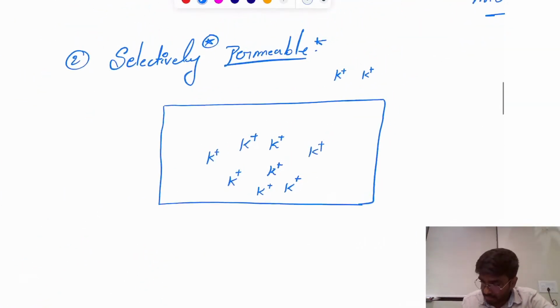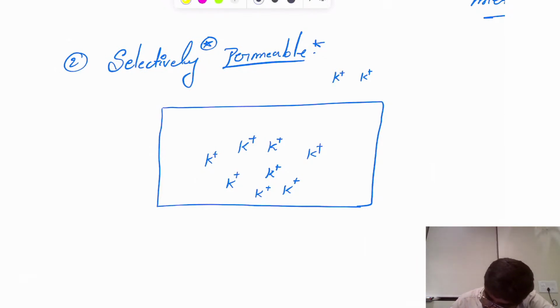Now, usually our cells have certain channels. What are these channels doing?